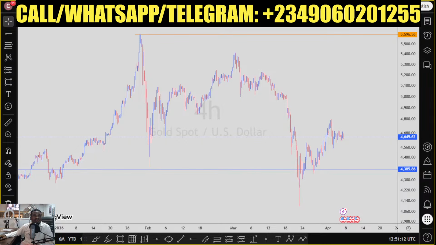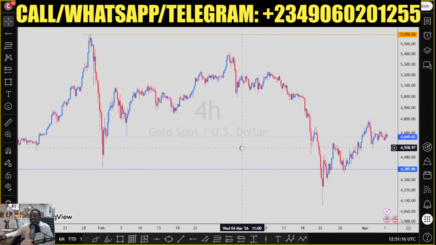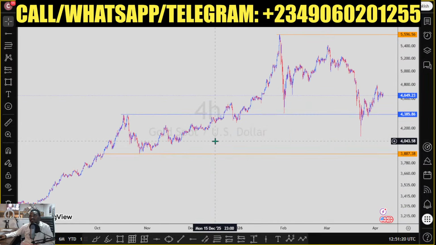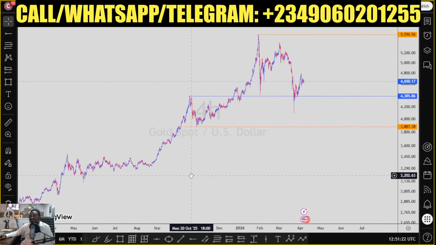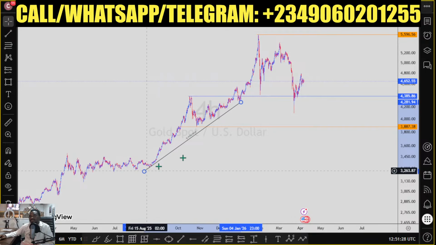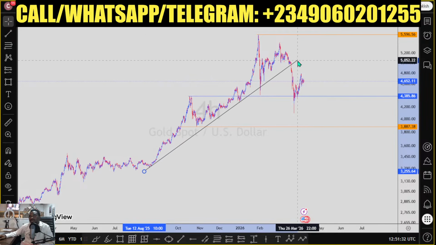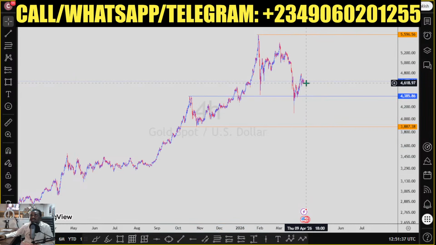Let's zoom out totally. On the 4-hour chart, we have some dynamic levels which were taken out at those zones. So we can eliminate that. It is gone. Let's zoom in.